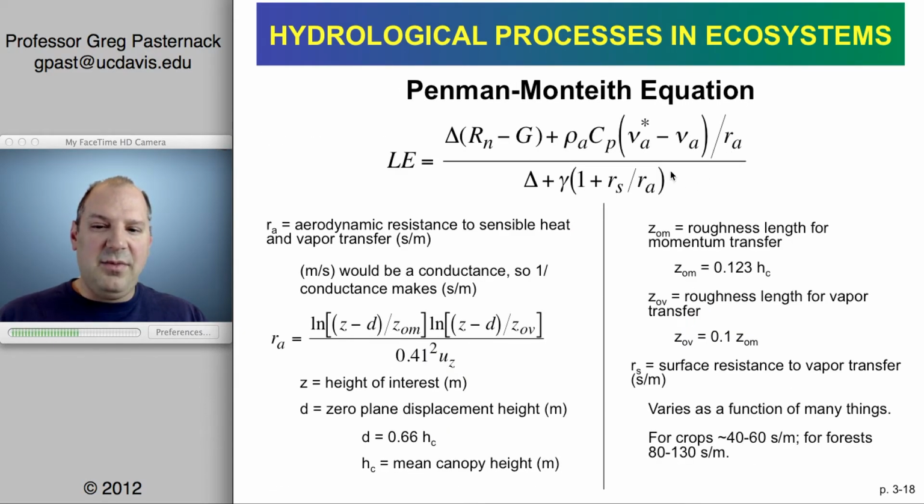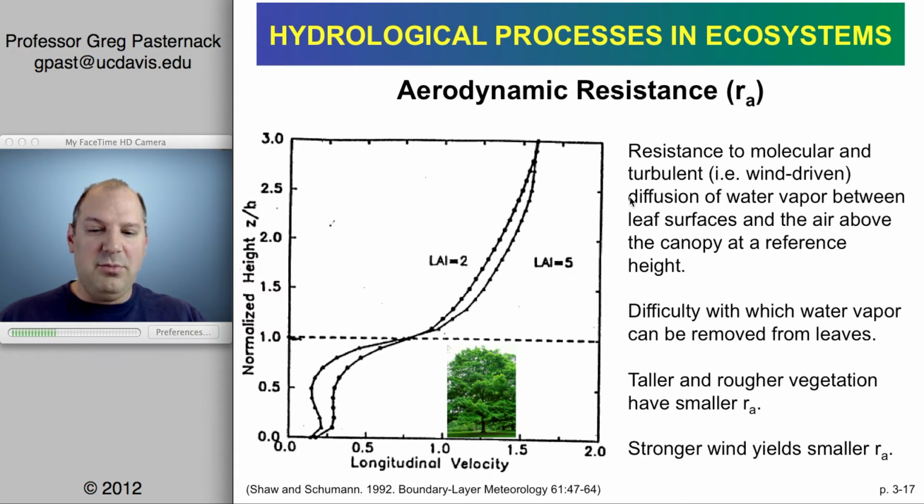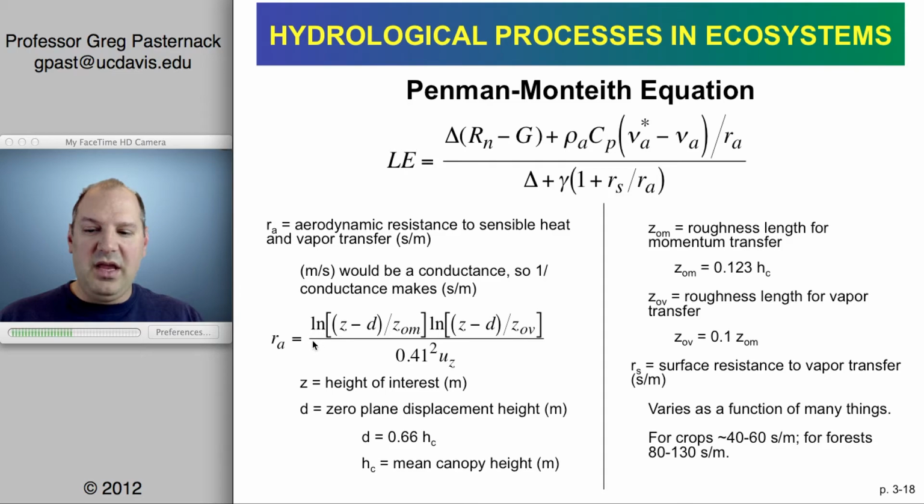Okay, so if we go back to the Penman-Monteith equation, how do we know what that aerodynamic resistance is? Well, you'd have to know something about what the wind pattern is. And unfortunately, wind patterns are not that simple. So the simplest we can do is say that the profile of wind moving through a tree canopy takes on this shape, and we can represent that using these logarithmic functions, as I mentioned before.